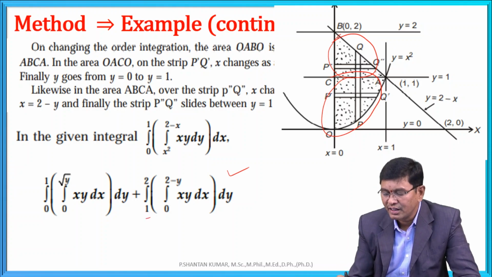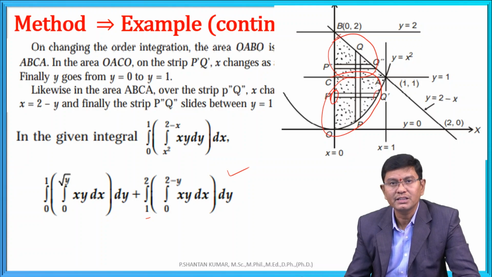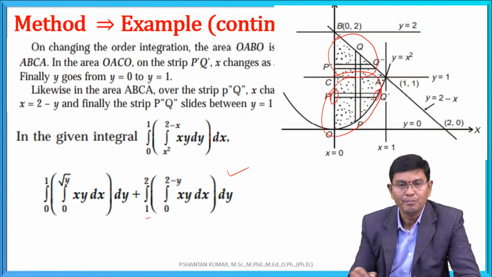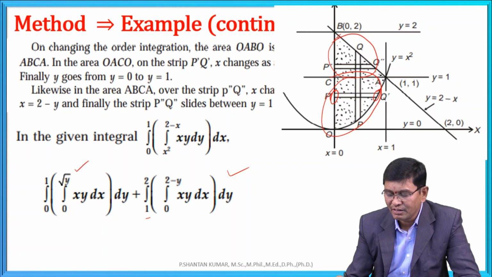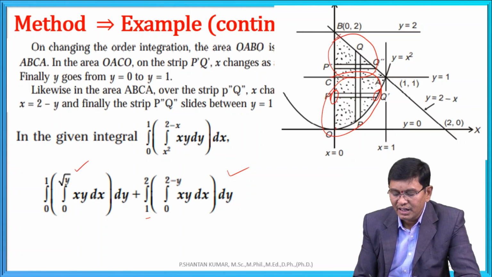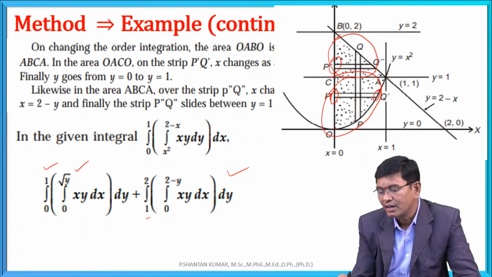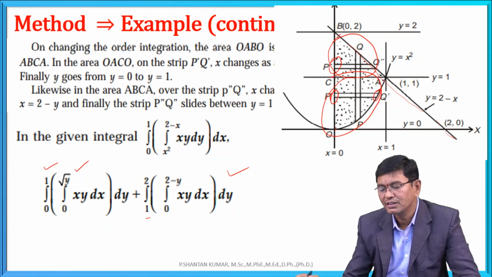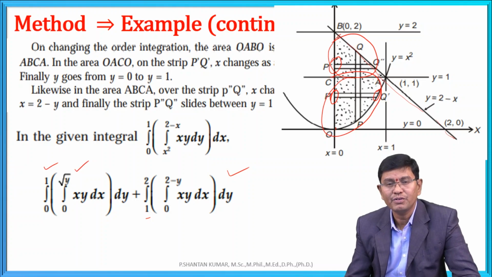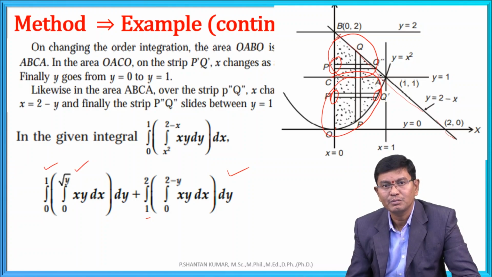That means the first part is on the y-axis, and the upper part is based on y is equal to x square, that means x is equal to root y. From here to here the values are 0 to 1. Similarly, for the above part, x is equal to 0, and the outside part is based on the line y is equal to 2 minus x, but we need to find the x value in terms of y.